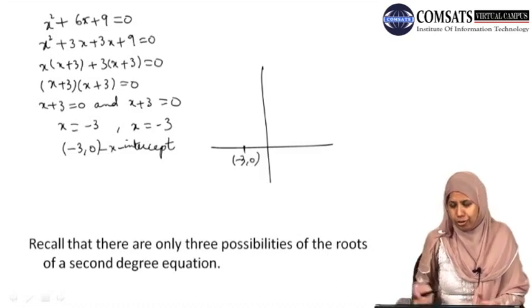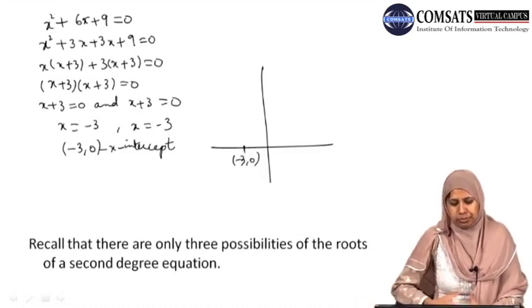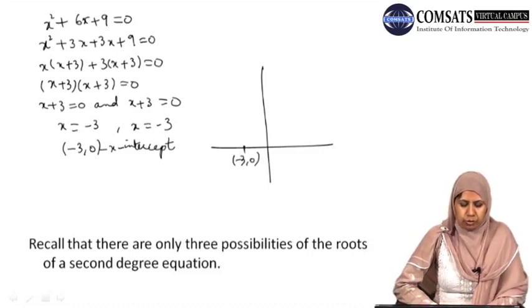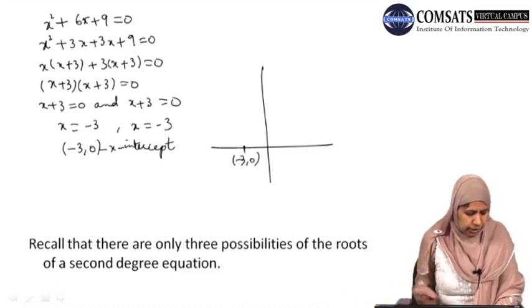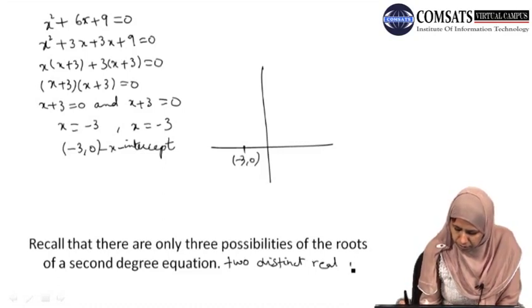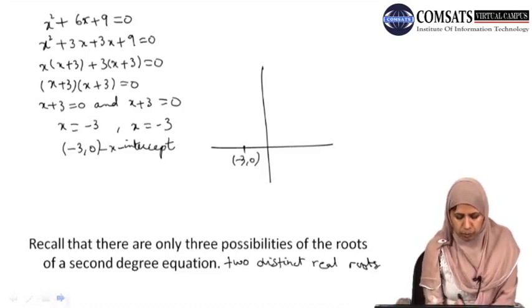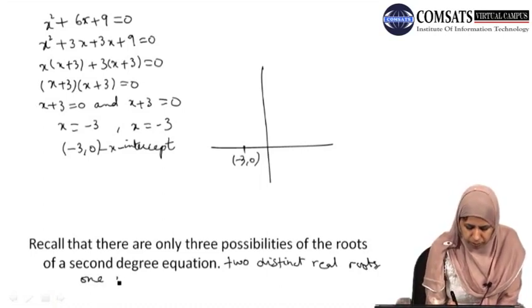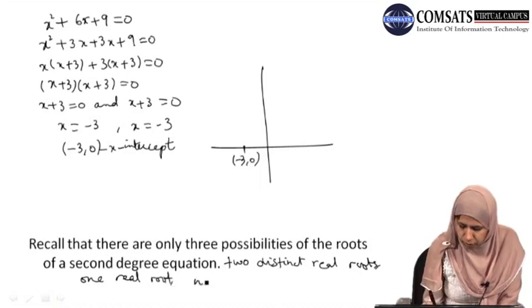Now, if we recall the factorization method, we have seen that there are only three possibilities for the roots of a second degree or quadratic equation: either two distinct real roots, or one real root, or no real root.